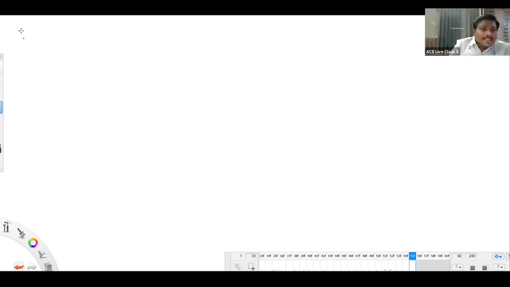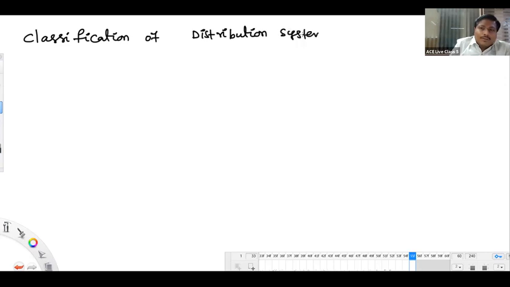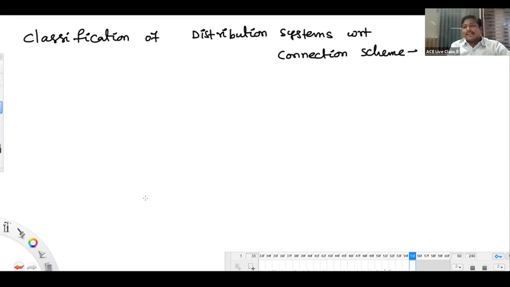Classification of distribution systems with respect to the connection scheme. Number one, radial distribution system.